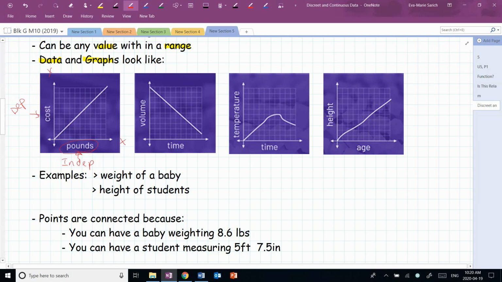Again, time keeps ticking on. Time will be in years and in months, and can be broken down into days, hours, minutes, seconds, fractions of a second. So this will be continuous. Say an example like this: maybe we have a bucket that has a hole in it, and the more time that goes by, the more the volume in the bucket decreases.